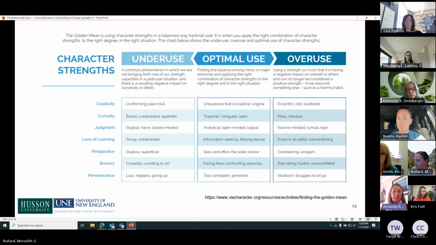Maybe they're taking up too much time, they're going over because they're not staying focused on the task at hand. So the clinical instructor can say to that student, what are your top 5 character strengths? How are you over or underutilizing those strengths? Maybe we can find a balanced use of these strengths so that we can address this problem, which is essentially that you're talking to your patient too much.